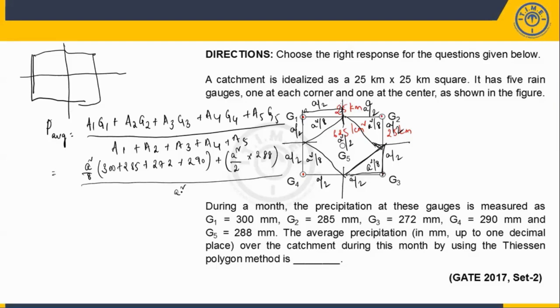Total area is 25 into 25, but we are taking in terms of A. Then the total area becomes A square. Can I cancel out A square? So tell me the value now. Add all these 4 and divide with 8 and plus 288 by 2.